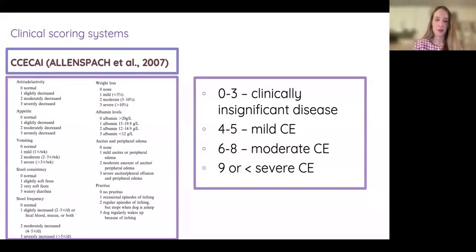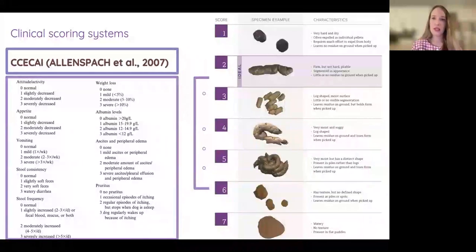Something that is also quite a good thing to explain to the owner, so that you don't receive too many pictures of feces in your email, would be to teach them how to score feces. This is something they can do by themselves, and you have quite a precise scoring.